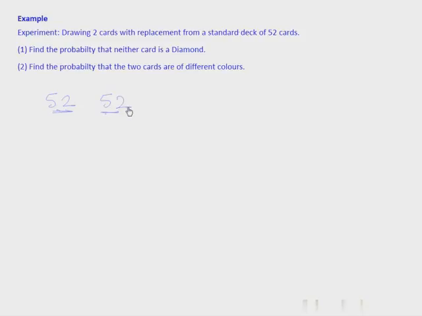And I'm allowed to pair each outcome from the first card with each outcome from the second card. So I have 52 times 52 equal to 52 squared total outcomes. And this is the size of my sample space. n(S) is 52 squared. Find the probability that neither card is a diamond.